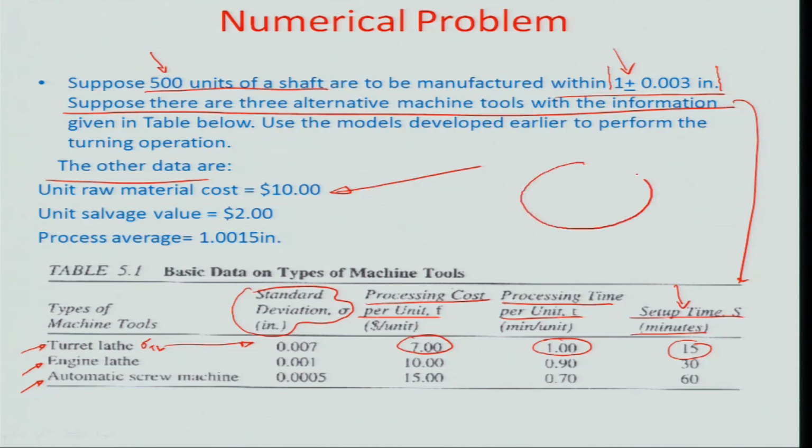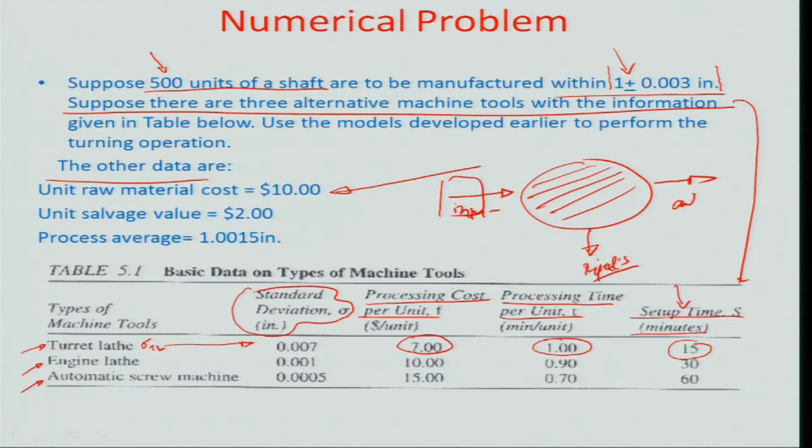Remember, this is the process: there is an input side, where the cost comes from the market, and then the output cost, which is defined by the degree of rejects of the process, and the rejects also get sold at a price. In this case the salvage value for the rejects is about $2 a piece.